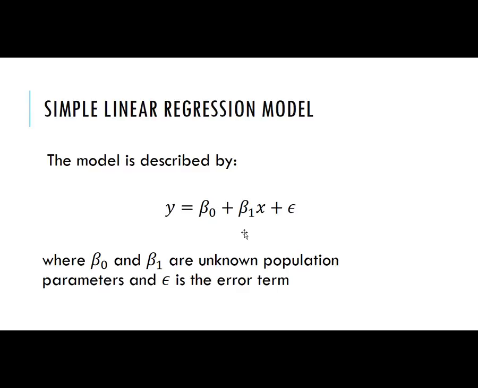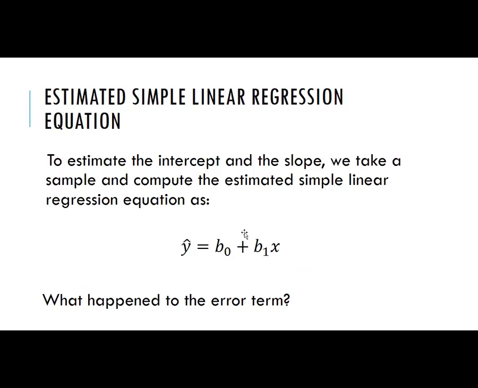So then what we want to do, in order to use this model, we want to estimate the unknown population parameters, beta 0 and beta 1, by taking a sample, data, and calculating values that we think are good representations of beta 0 and beta 1. So to do that, we estimate the intercept and slope.